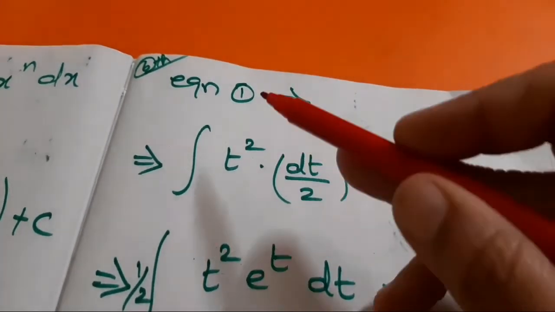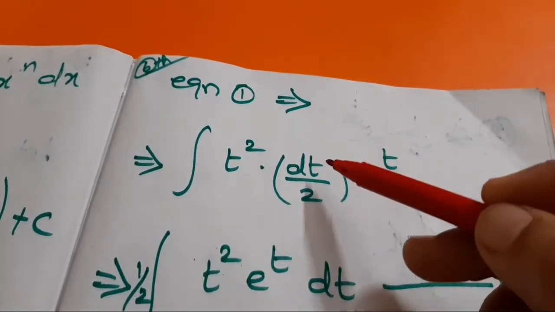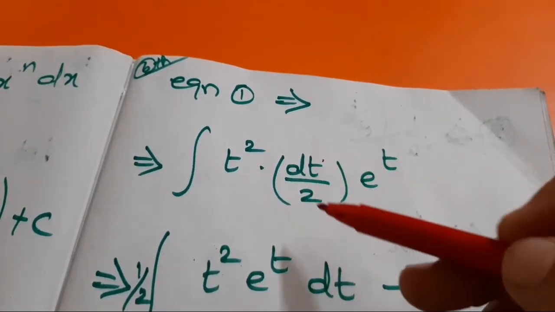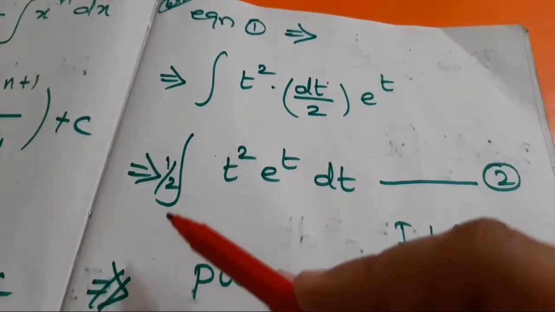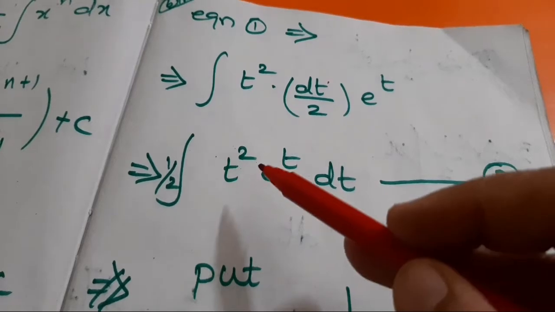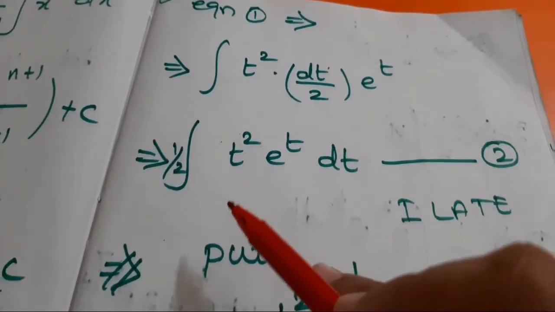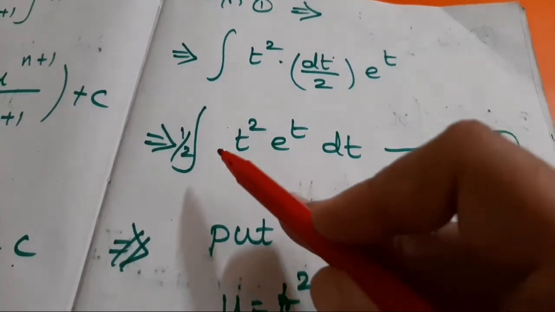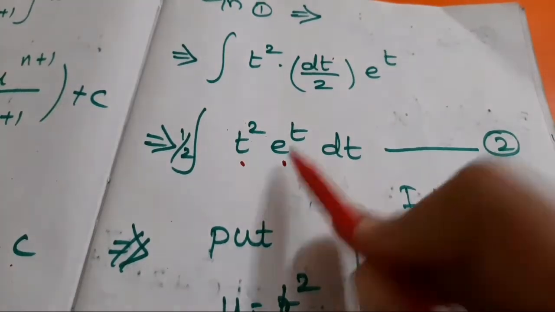Therefore, equation 1 can be written as integral of t^2, x dx can be written as dt by 2, e^t. So this 2 I can take outside, that will be 1/2 integral t^2 e^t dt. Again I consider this is an algebraic function and this is an exponential function.